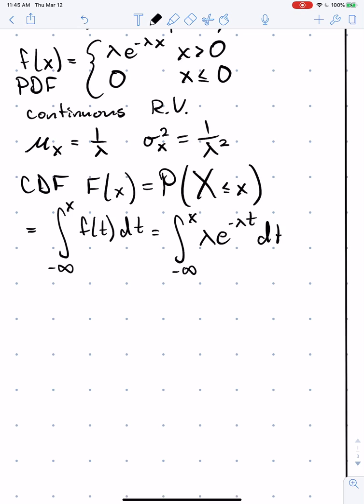So this is a problem. It's not what we want. If we look over here, the PDF is 0 for x less than 0, so that should be out of our integral. So we can take that out by only starting the integral at 0. So we start from 0 here.